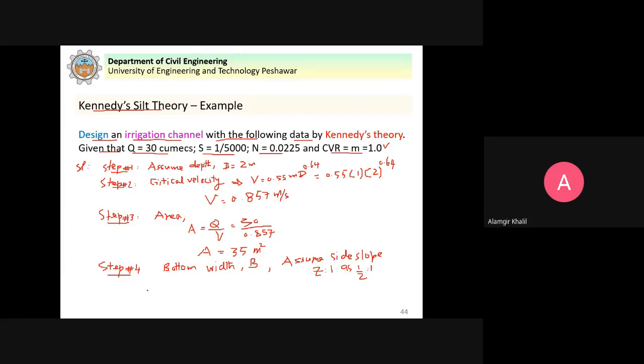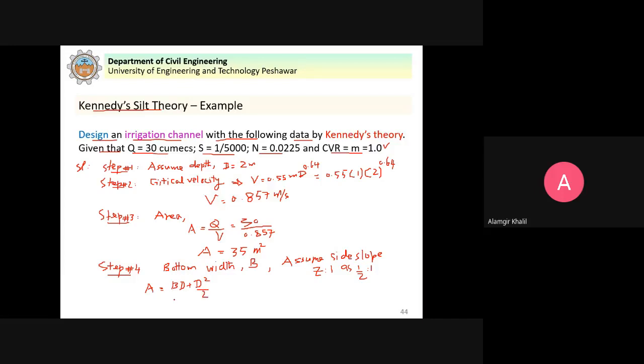So now you have the formula. In that case, area A will be equal to B into D plus Z D square by 2, and with Z as half, this is the formula.